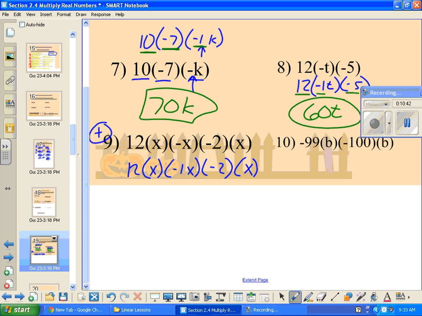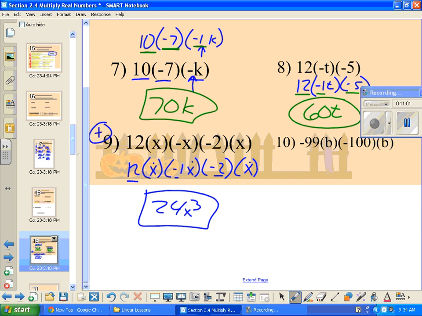If I multiply the numbers together, 12, negative 1, and 2, I get 24. And then here I have x times x times x. Some number times itself 3 times is like writing x cubed, or x to the 3rd power. So this one ends up being 24x cubed.